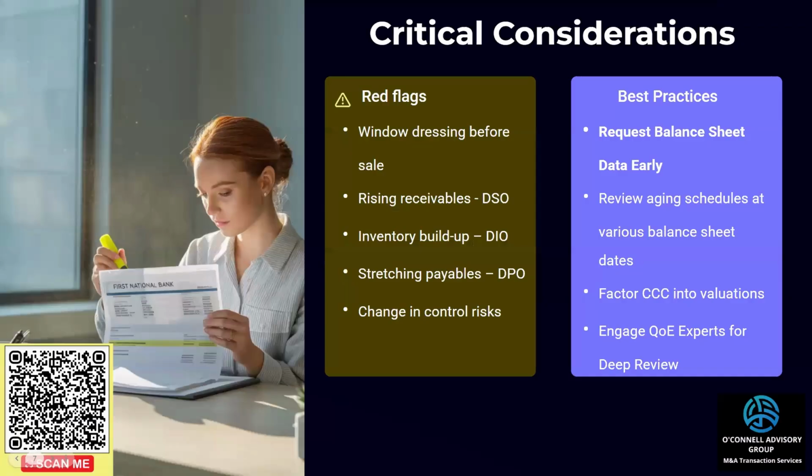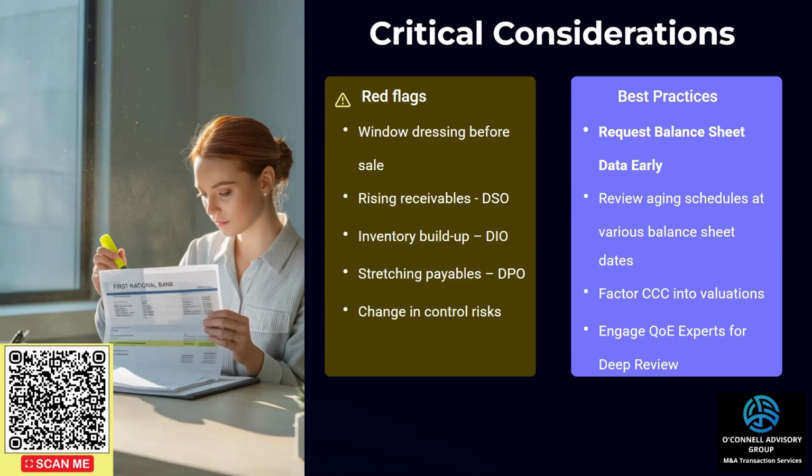In this slide, we have a couple of red flags and best practices that we should adhere to. In terms of red flags, the first one is window dressing before sales. When we compute cash conversion cycle, we would want it to be steady throughout our review period, month on month.